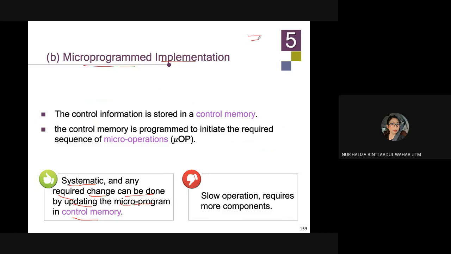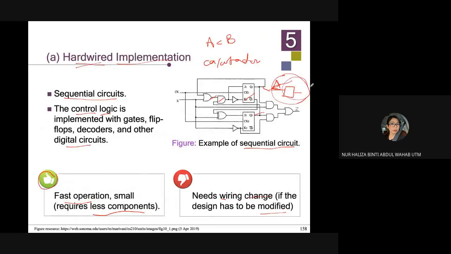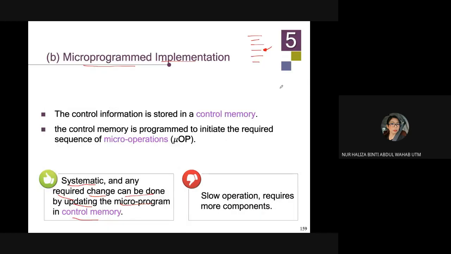Of course, when you have it line by line and you want to change some part of it, for example put in a comparator, it is quite easy rather than putting a comparator inside the sequential circuit. On top of that, you also have disadvantages, which are slow operation and requiring more components.